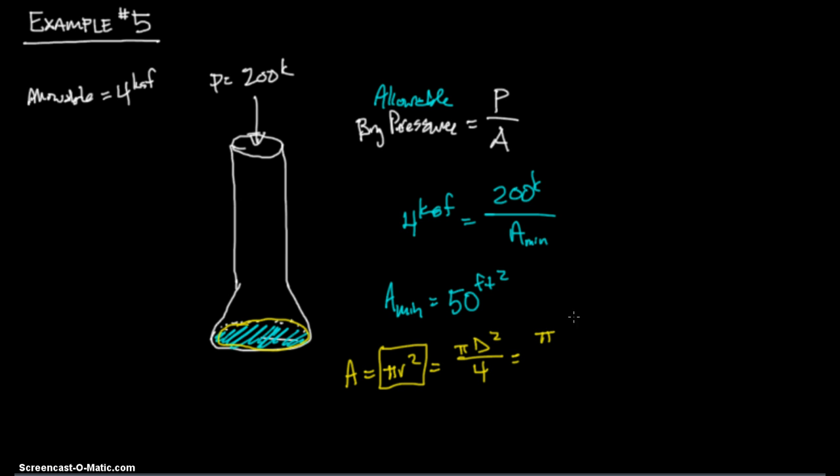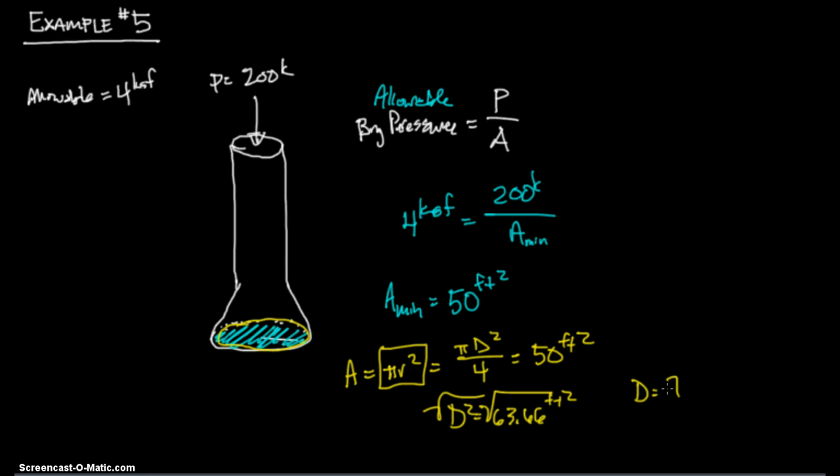Let's just do this. So we're solving for d. Pi d squared over 4 equals 50 foot squared. So do a little math, solve for d. 50 times 4 divided by pi, and you get d squared equals 63.66 foot squared, and then you take the square root of that, which is 7.98.